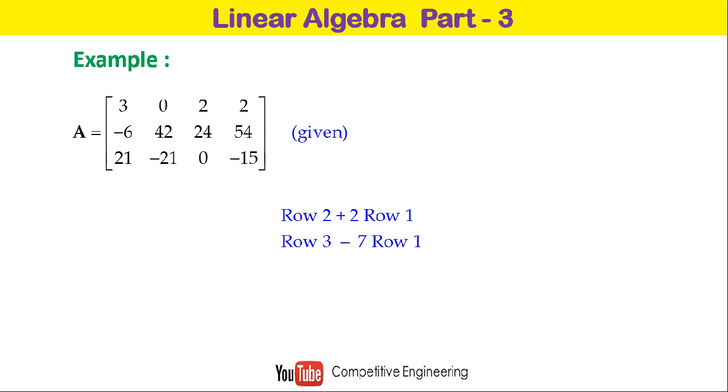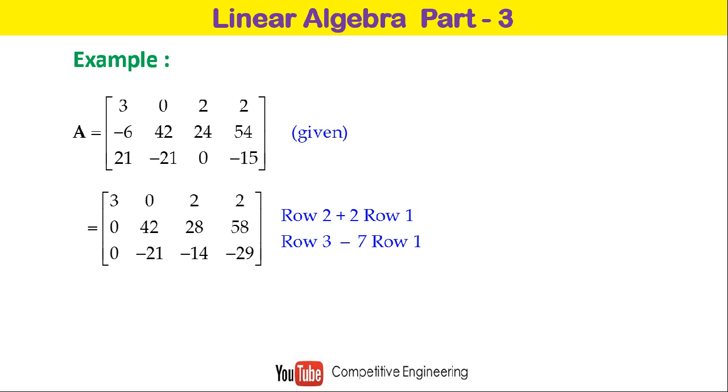The first term becomes minus 6 plus 2 into 3, that is minus 6 plus 6, equal to 0. The second becomes 42 plus 2 into 0, that is 42 itself. Third is 24 plus 2 into 2, that is 24 plus 4, that is 28. Next is 54 plus 2 into 2, that is 54 plus 4, that is 58.